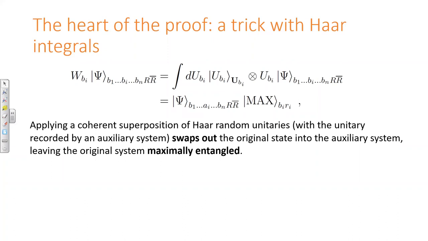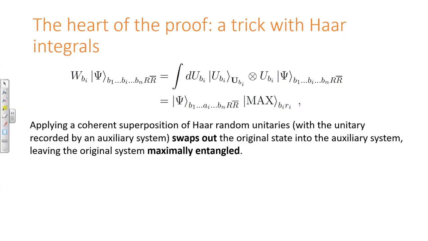So this thing is just some isometry, and it's pretty easy to see what it does. If we just forget about the system that stores which unitary was applied, then we would have applied an incoherent random choice of hard random unitary, and that's always going to put this little b_i into the maximally mixed state. It's going to throw away all the information in little b_i.